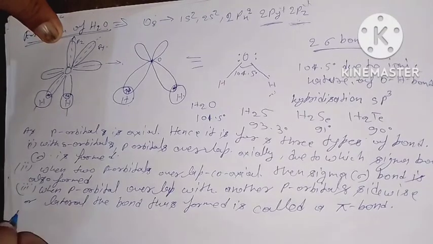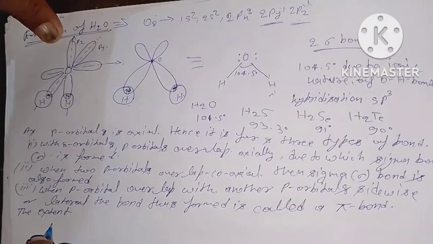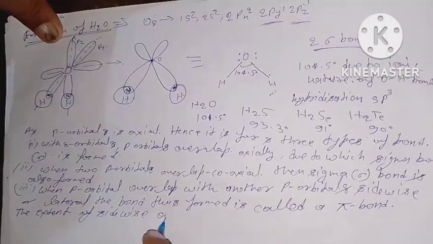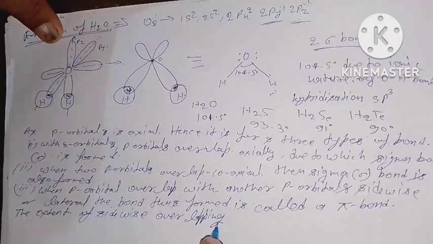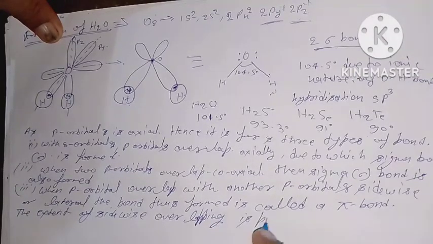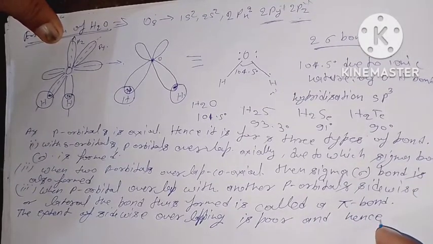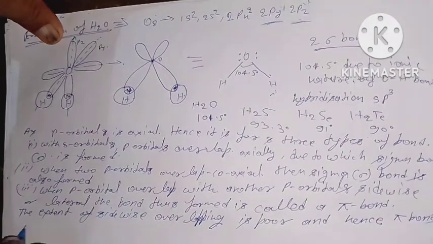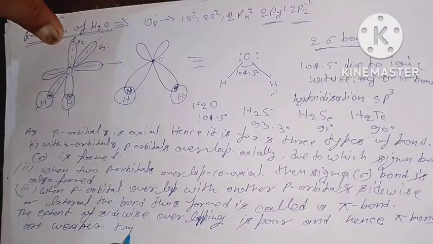The extent of sidewise overlapping is poor, and hence pi bonds are weaker than sigma bonds.